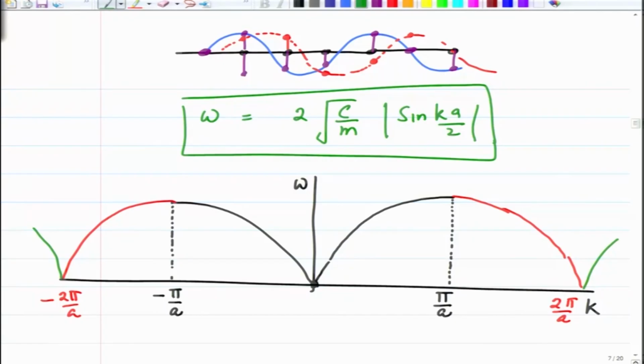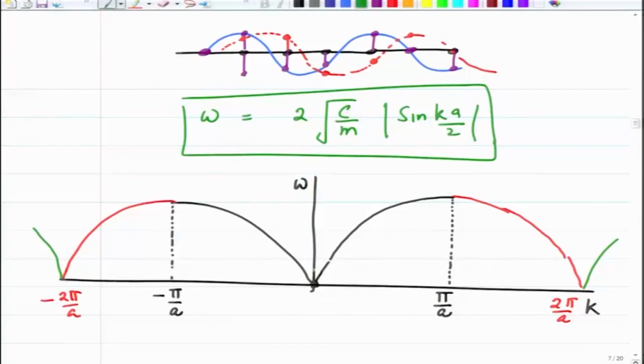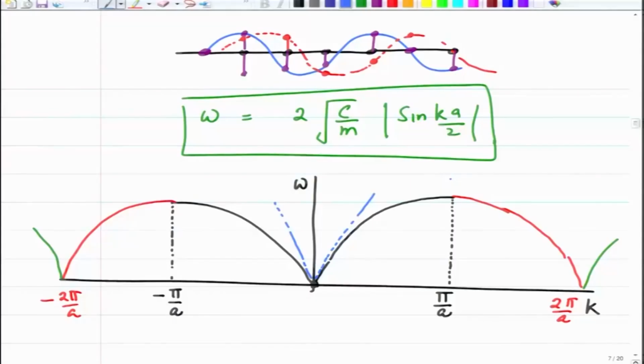This is the picture of omega k versus k. So, what you see is that omega has a periodic behavior. It is linear near the origin, like the sine curves for a small magnitude are linear near the origin, then flattens out and then repeats itself. So, omega actually can be determined by all k's only up to pi over a, from minus pi over a to pi over a.